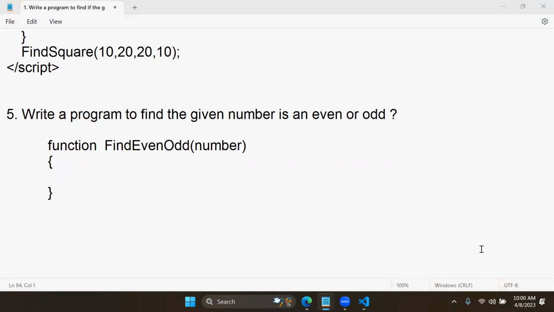Equal is assignment, man. Double equal is comparison. Double equal, triple equal are for comparing. Equal means what? Assigning.